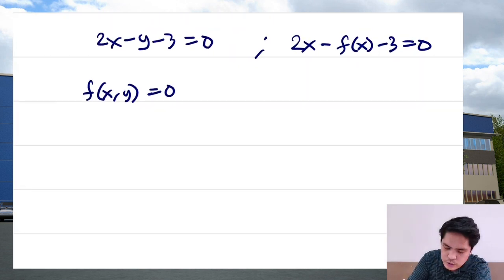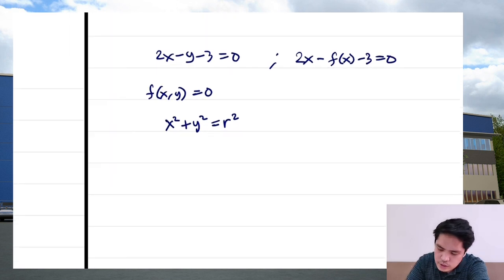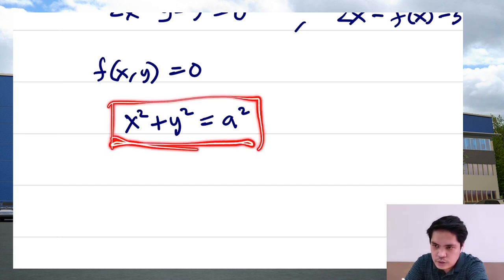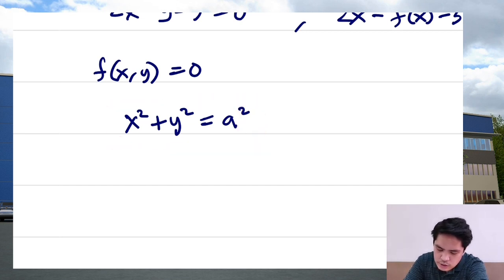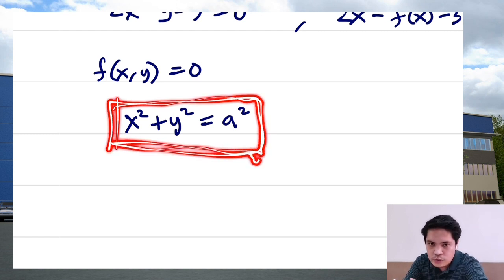One example of this is the formula of a circle. We have x squared plus y squared equal to r squared. Let's just use a squared. So this is an implicit function. In this form alone, we don't know which variable is a function of which variable.